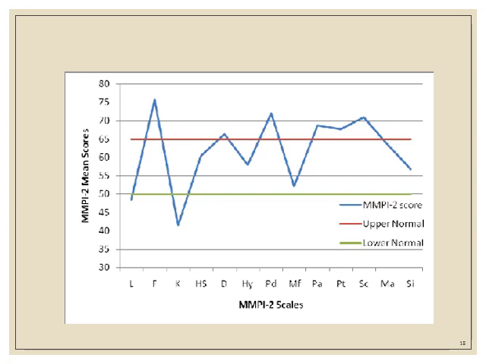At the bottom, on the x-axis, you have all the different scales, and then you have the mean scores, or the t-scores, on the y-axis going up. It varies on the MMPI-2-RF and the MMPI-2, but in general, above a 65 is considered clinically relevant, and below a 50 is considered clinically relevant.